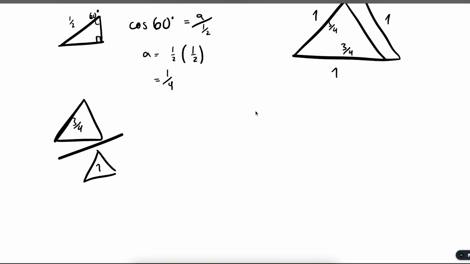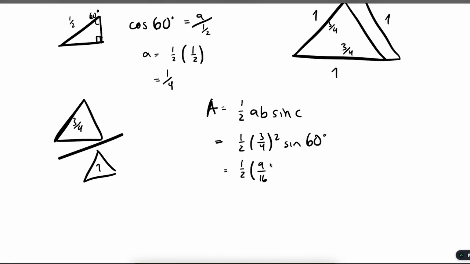So that's going to be half AB sine C, so the area is half AB sine C. For the small triangle, that's going to be half times 3/4 squared times sine C, which is 60 degrees, which is 1/2 times 9/16 times sine 60, which is √3/2, which is 9√3/64.